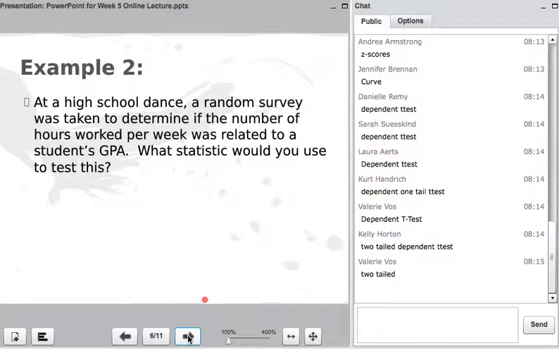Okay. A random survey was taken to see if the number of hours worked was related to a student's GPA. What statistic would you use?